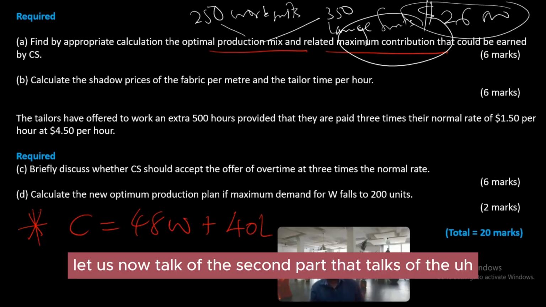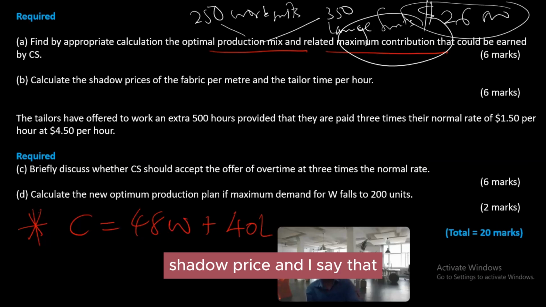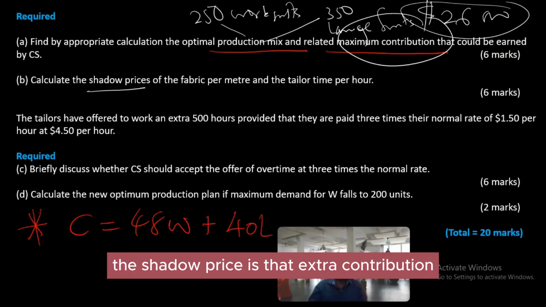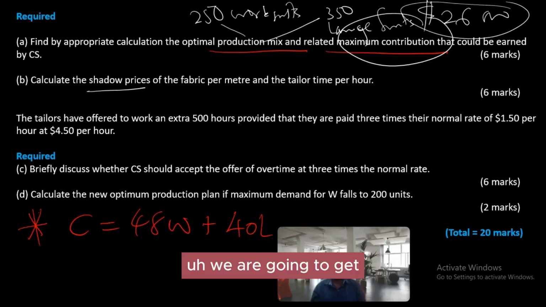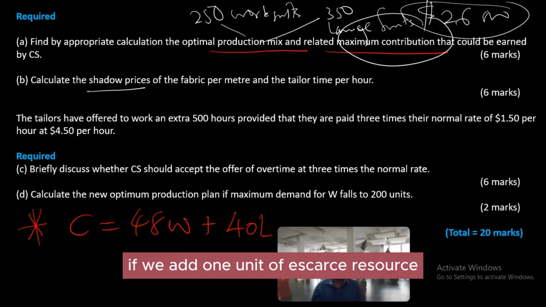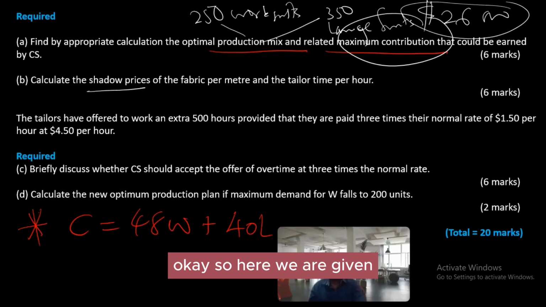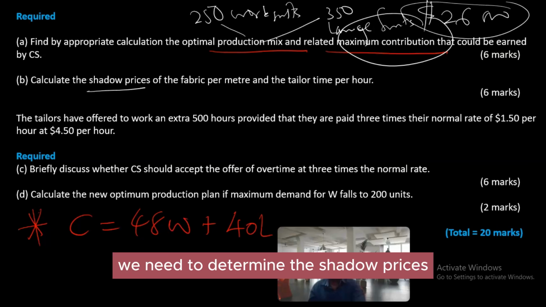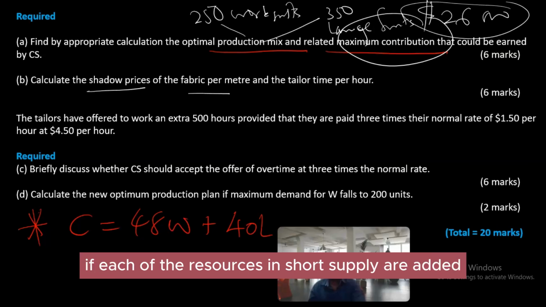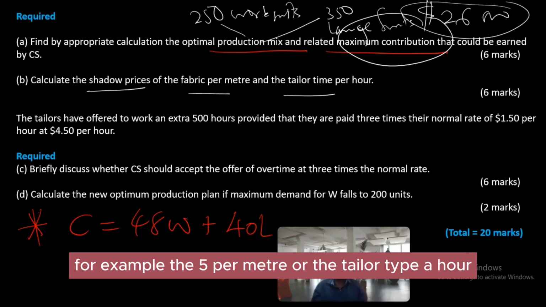Let us now talk of the second part that talks of the shadow price. A shadow price is that extra contribution we are going to get if we add 1 unit of a scarce resource. We need to determine the shadow prices if each of the resources in short supply are added, for example the fabric per meter or the tailor time per hour.